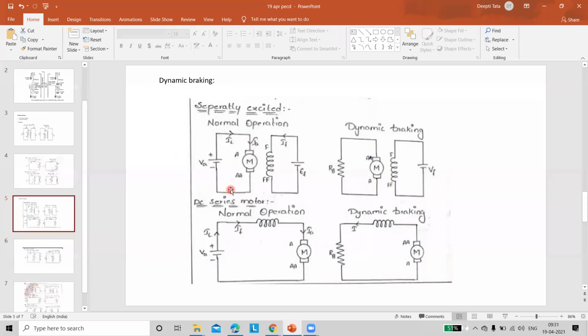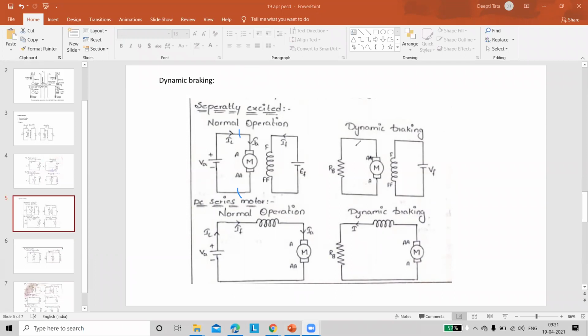For the separately excited motor, how the braking technique is applied is what we discussed just 5 minutes back. The motor armature is removed from the supply, and here you apply a resistance, that is RB, the braking resistance, connected across the motor just like this.